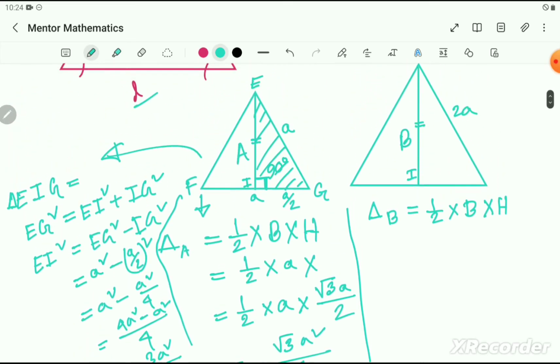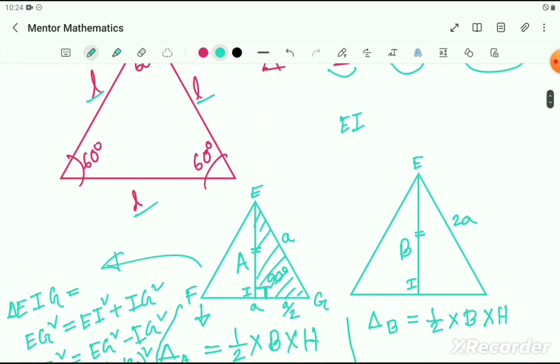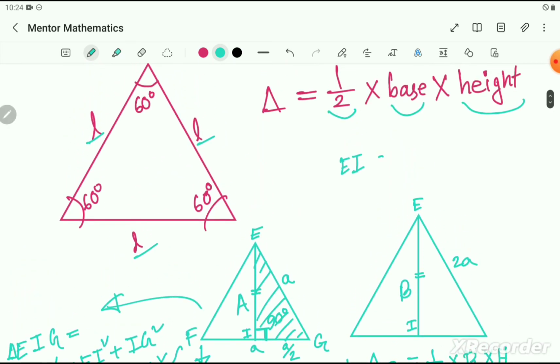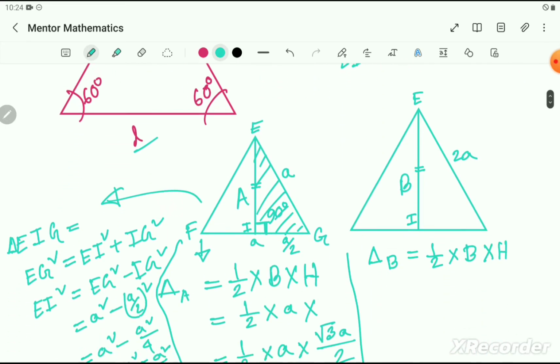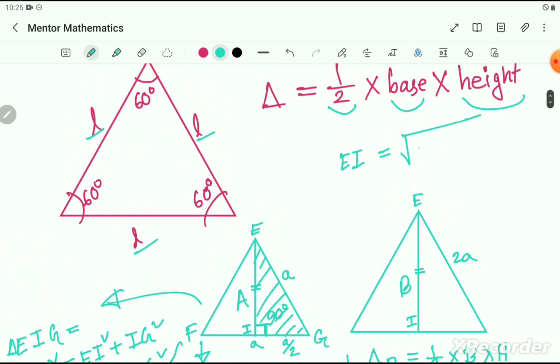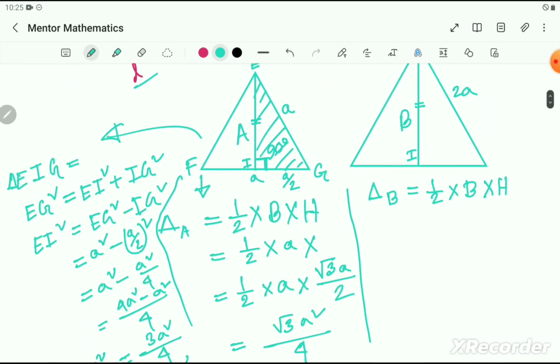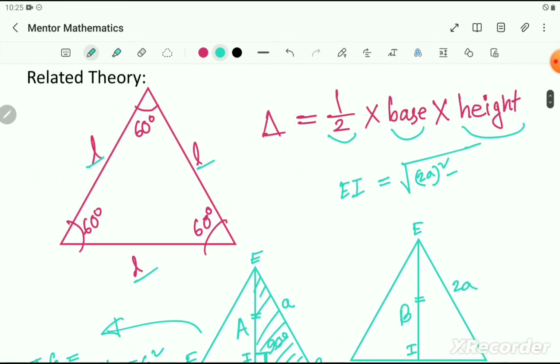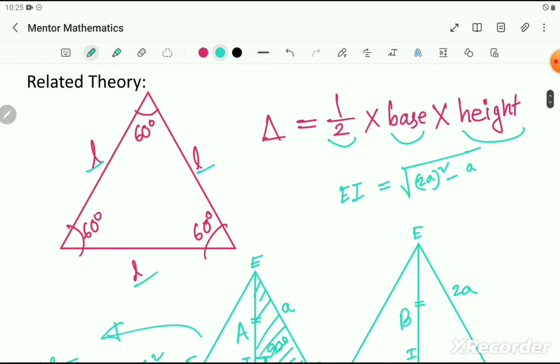Okay, now it's correct. So EI we can write simply as root over 2a squared minus a squared. So it becomes root over 4a squared minus a squared, root over 3a.